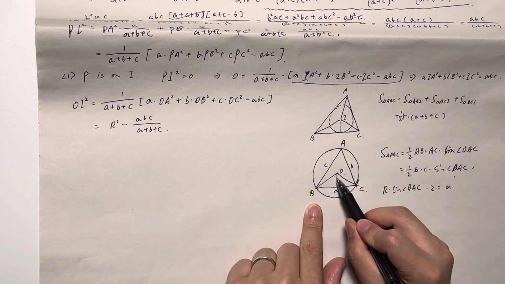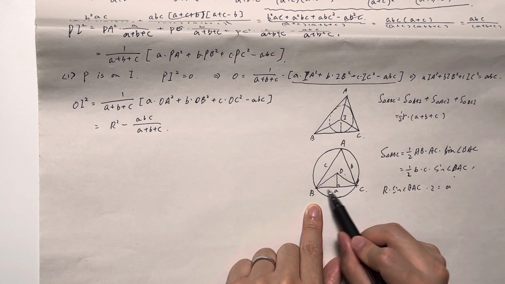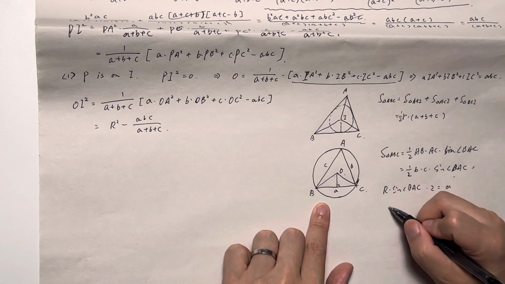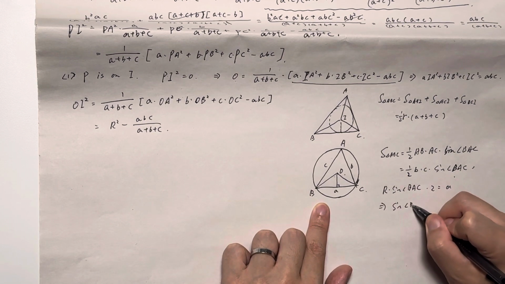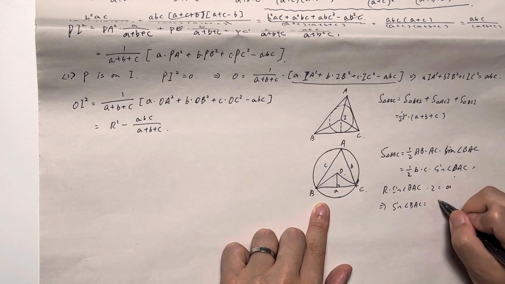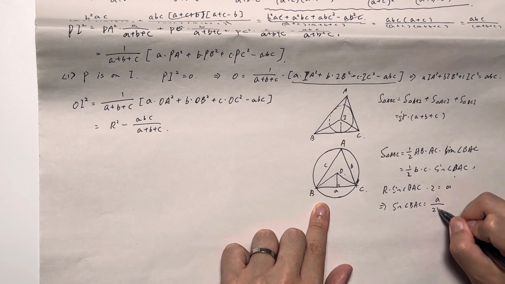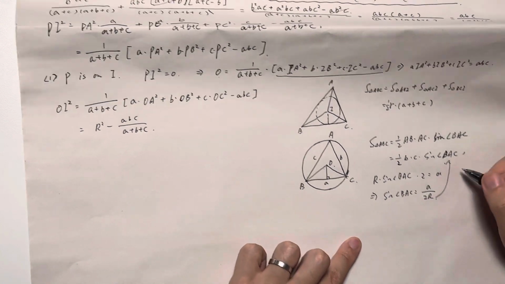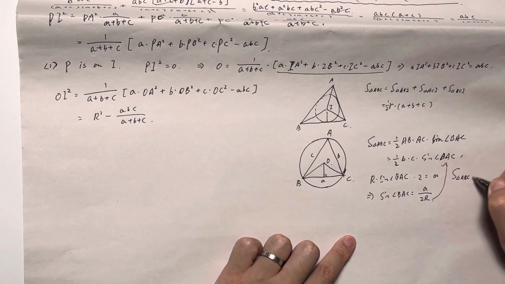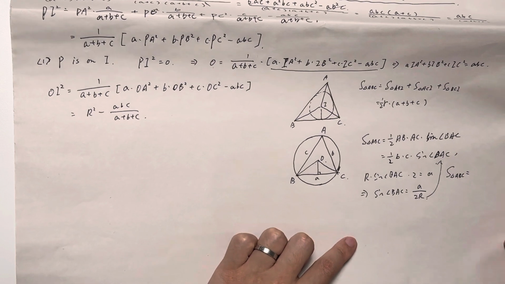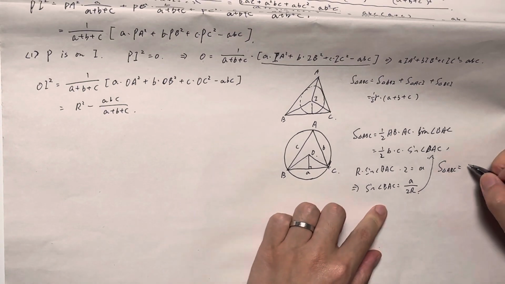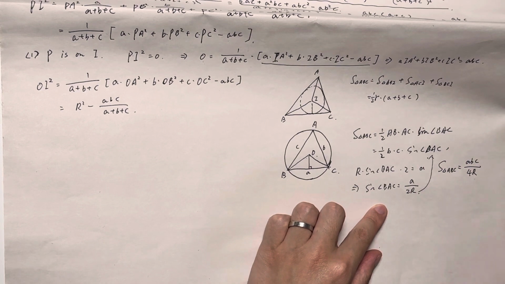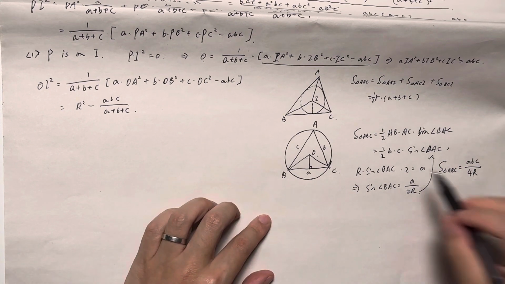R times sine angle BAC, that's half of BC, times 2, that's BC, equals a, which means sine angle BAC equals a divided by 2R. We bring it here. So the triangle ABC area can be written as abc divided by 4R.